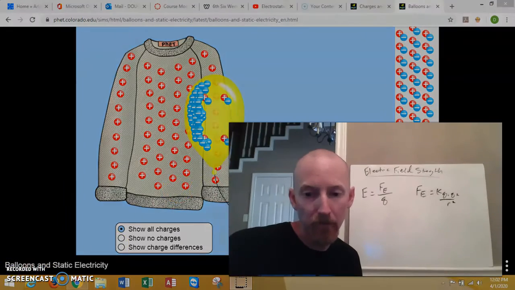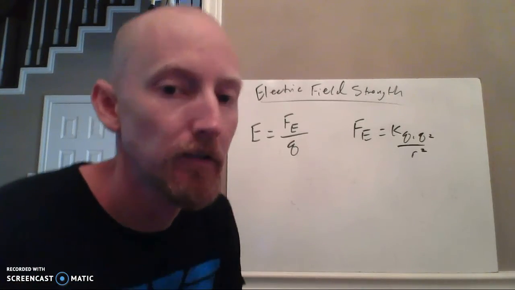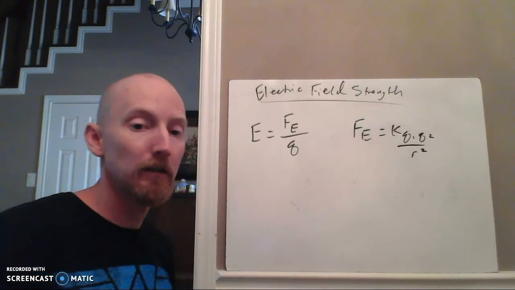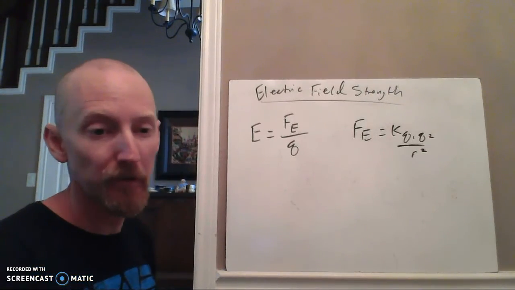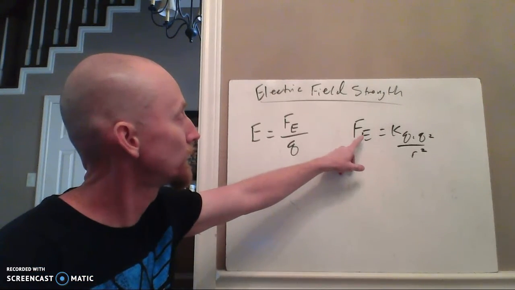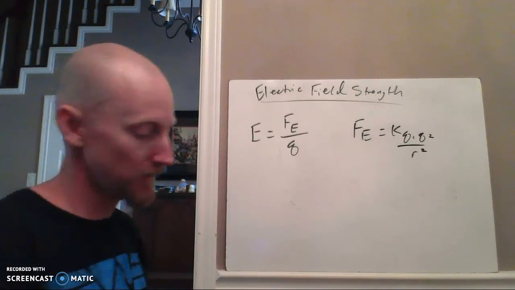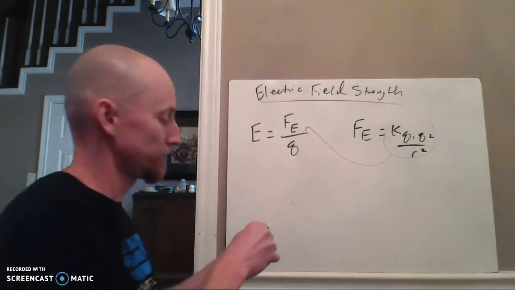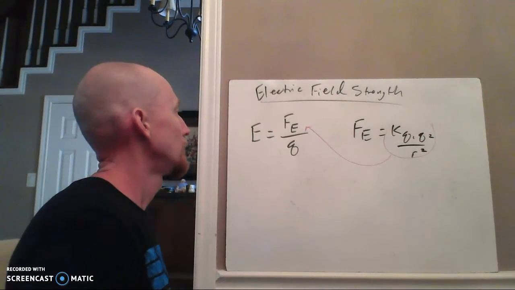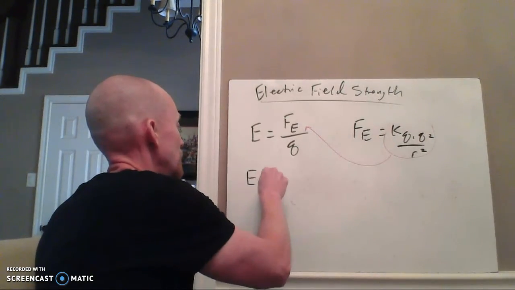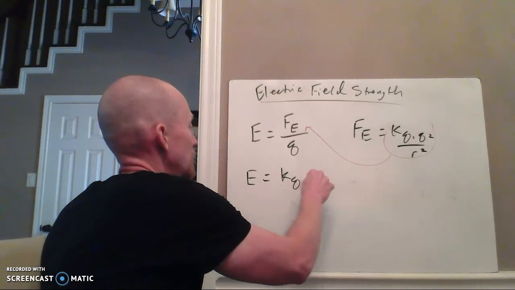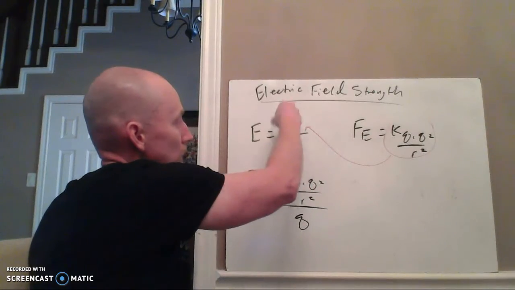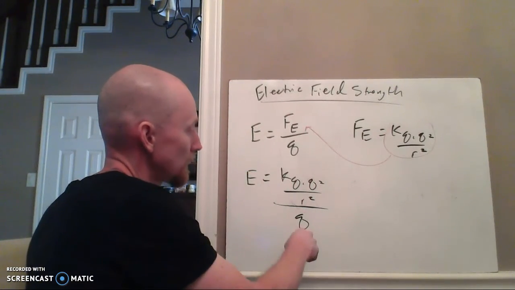All right, last thing. Let me make it big again. Okay, last deal. We were talking about electric field strength. This is our equation, right? We're going to make this a bit more specific. So we know electric force is this, which means I can take all this, plug it in there. So my electric field strength, plug it in here, I get this disgusting thing.